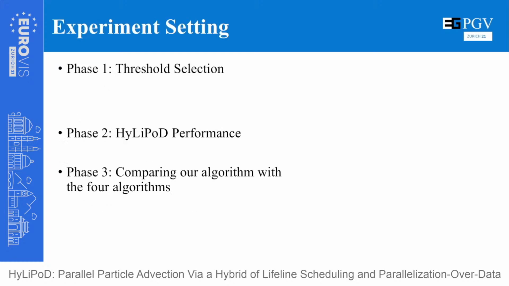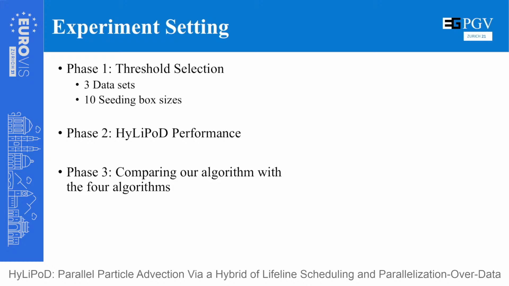For our experiment setting, the study has 3 phases. The first phase focuses on selecting the best threshold that determines the behavior of the algorithm depending on the size of the seeding box. The second phase studies the performance of HyLiPoD, and the third phase compares the performance of HyLiPoD with the performance of the 4 algorithms.